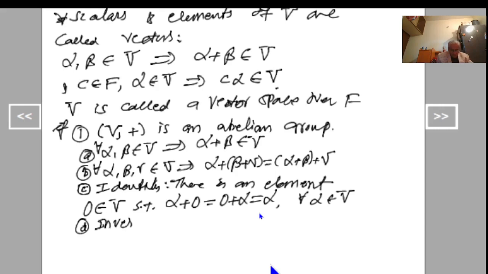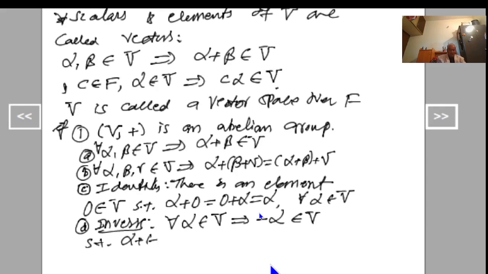And D, inverse. For all alpha belongs to V, there exists an element minus alpha also belongs to V. This is the inverse with respect to addition, such that alpha plus minus alpha equals minus alpha plus alpha, which equals the 0 vector. This is D. And what is E?